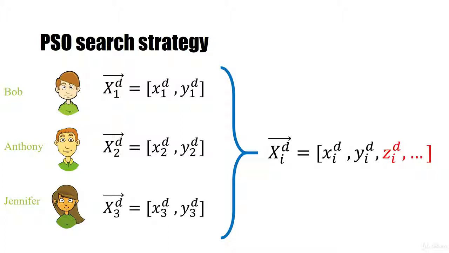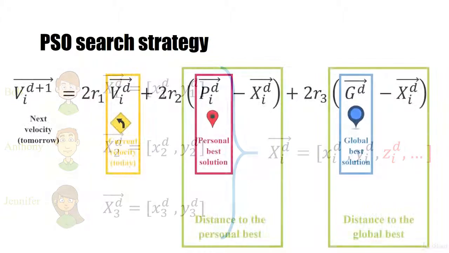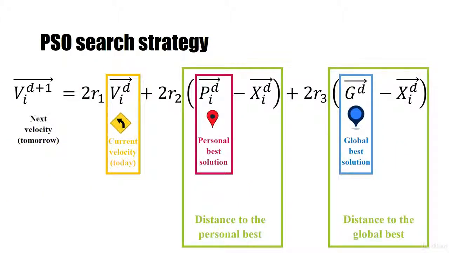To update the position vector, we need to define the movement direction and speed. This can be done using a vector called velocity. The V vector on the left-hand side of this equal sign shows the velocity in the next day. This vector is defined by 3 components: current velocity, tendency towards the personal best, and tendency towards the team's best, which we are going to call G best from now on.